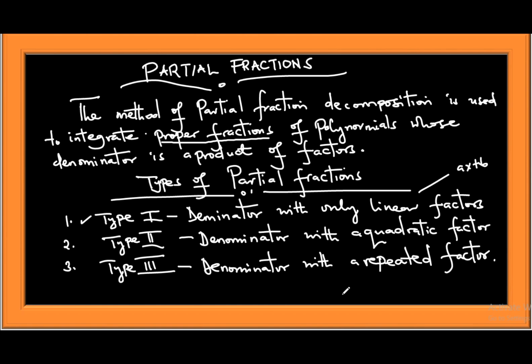Type 2 is where we have a denominator with a quadratic factor. And type 3 is where we have a repeated factor. I will break down these types one at a go to make this so simple for us to understand. So let's begin right away with type 1 in today's tutorial.